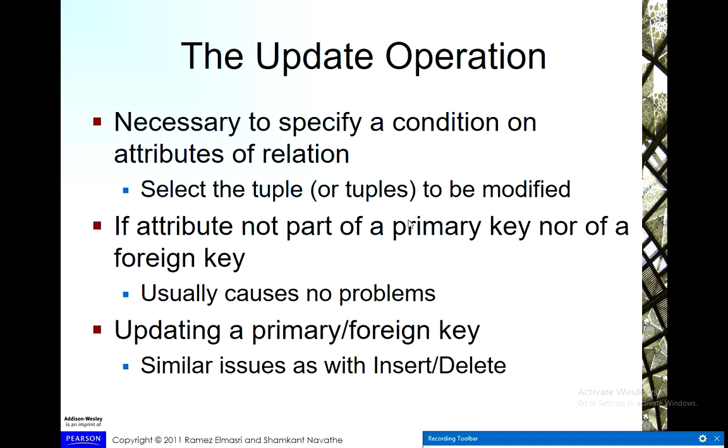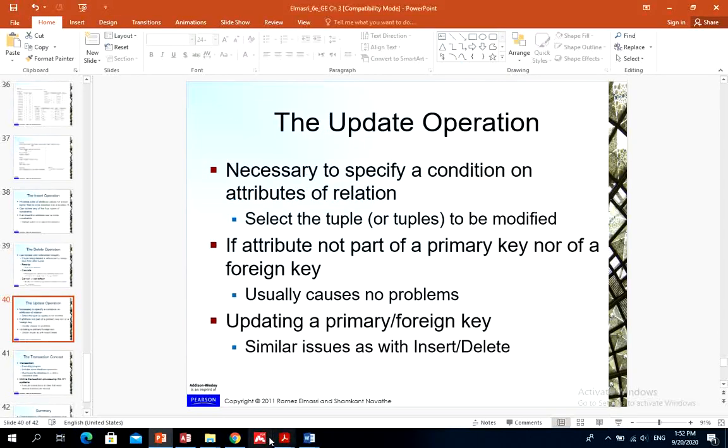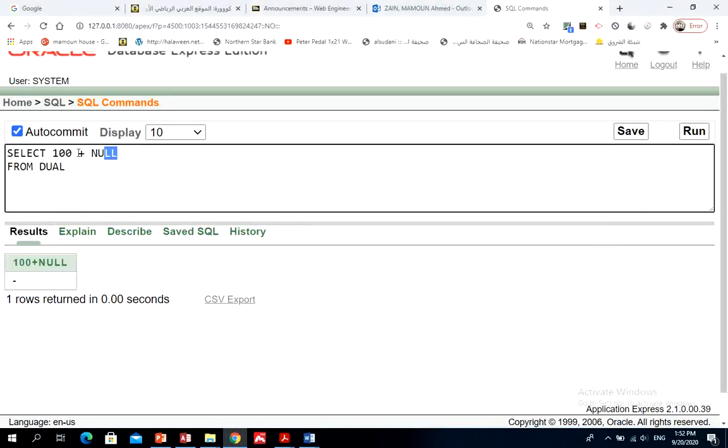of such values. For example, I would like to delete from student where student name equals Ali. This is the student I would like to delete, his name is Ali.